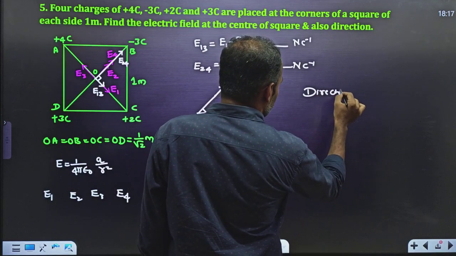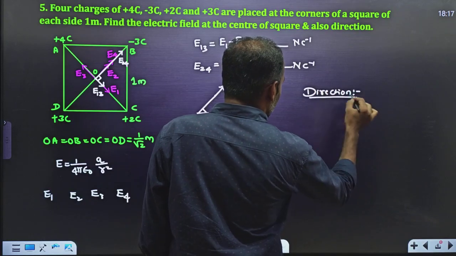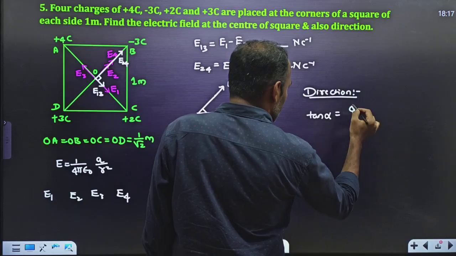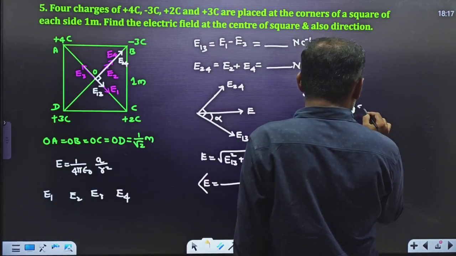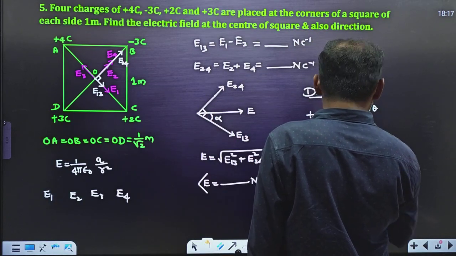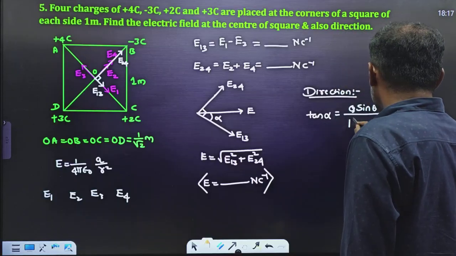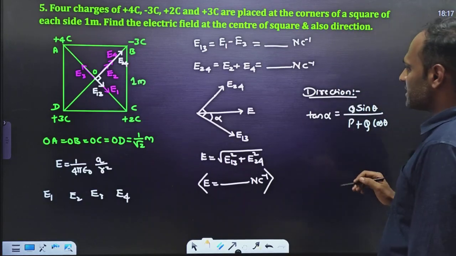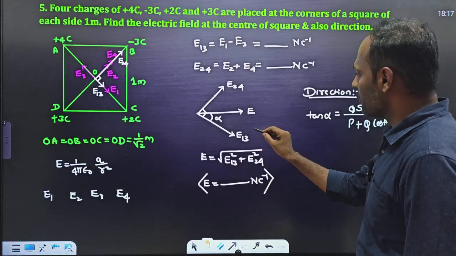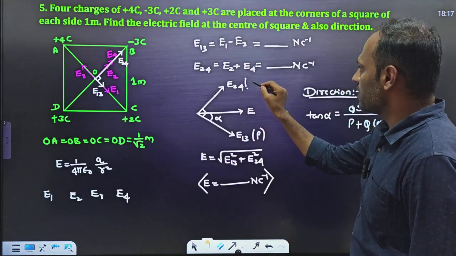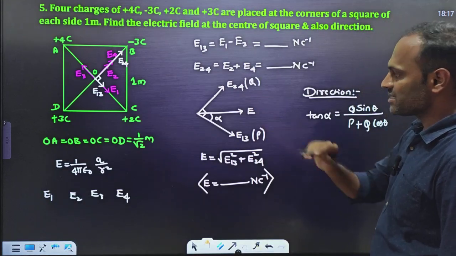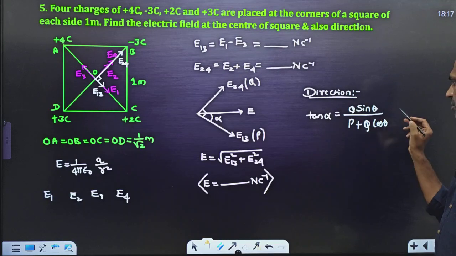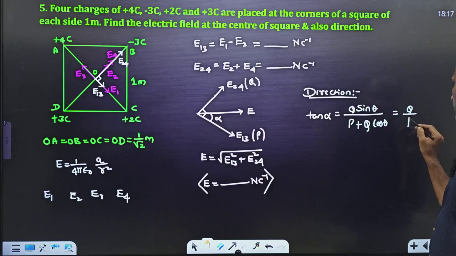To find the direction, use the formula tan alpha is equal to q sin theta divided by p plus q cos theta. What is theta? Theta is the angle between the two vectors. For example, take this as p and this as q, the angle between them is 90 degrees. So cos 90 will be 0, sin 90 will be 1. So we get q divided by p.